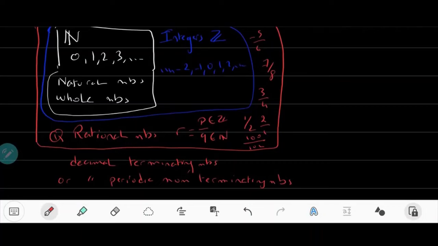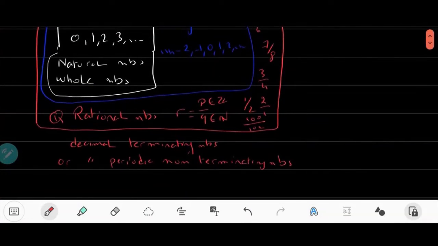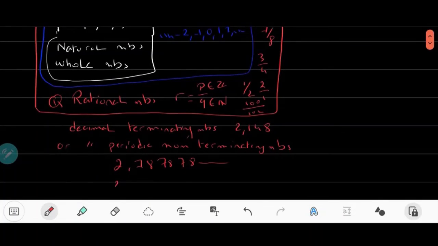Okay, so it contains all the integers, all the decimal numbers with terminating number of decimals, or all the decimal numbers that are non-terminating, but they are periodic, such as, for example, 2.148, and in the periodic non-terminating numbers we have something like 2.787878, etc. Also, it can be like 2.314828282, etc. Okay, so these numbers are rational, so they can be written as a ratio of two integers.